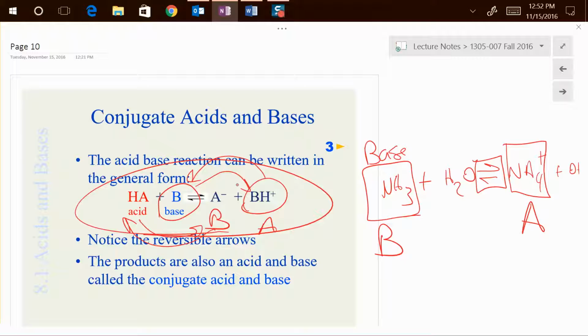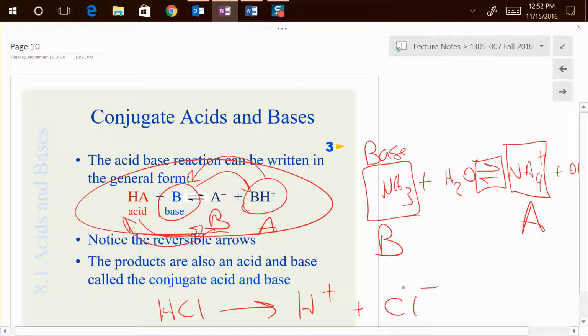Okay? We can only have that if we have a reversible arrow. HCl dissociates into H plus Cl minus. There is no double arrow there. We don't write HCl with a double arrow because it doesn't go back and forth. It doesn't have a reversible reaction, equilibrium reaction.